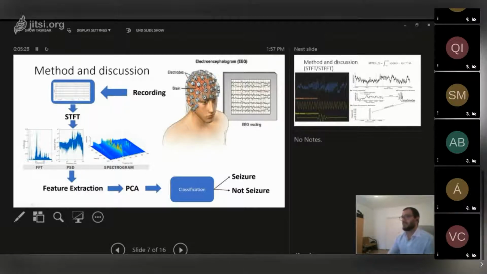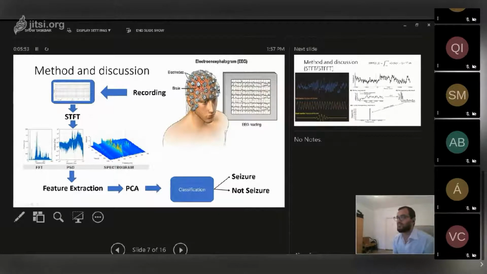The first stage is EEG. You can see the hat put on your head records the data through some channels, depending on how many channels your EEG has, 128, 64, and so on. These recorded signals are shown here as different channels, and then we extract some features.